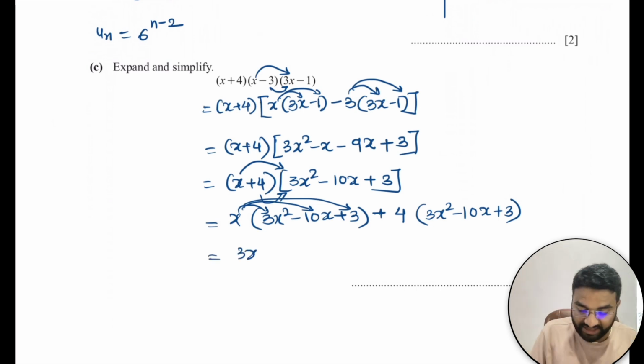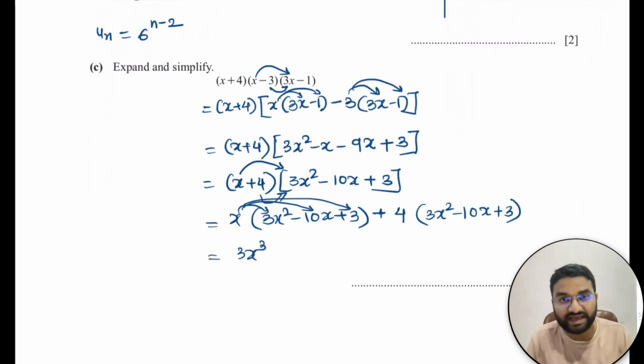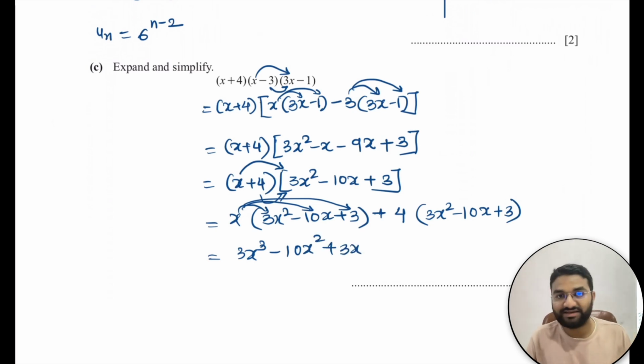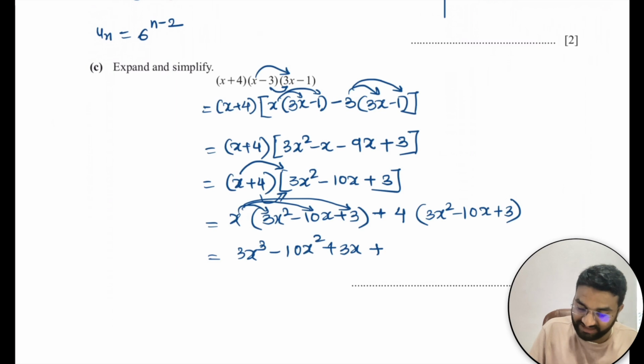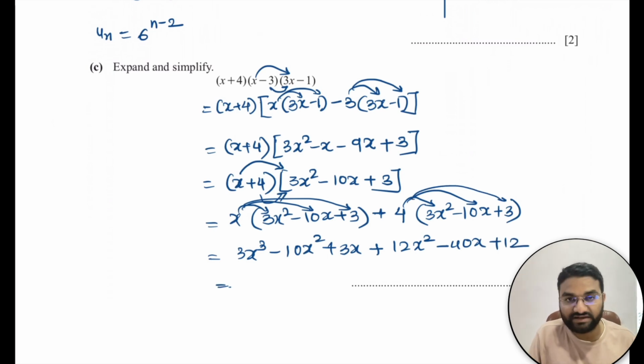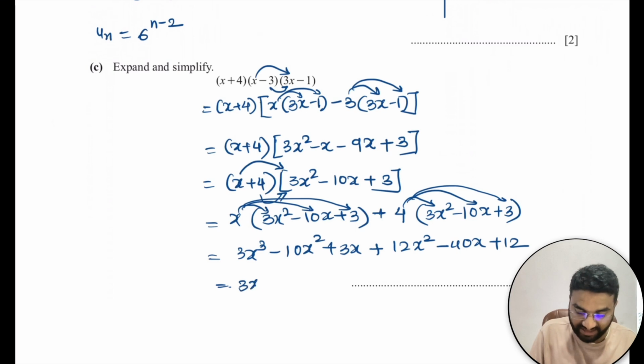Here 3x square times x is 3x cube, minus 10x square, then plus 3x. Next, plus 4 times 3 is 12x square, 4 times negative 10 is 40x, and 4 times 3 is plus 12. Then take the like terms together, so it's 3x cube.